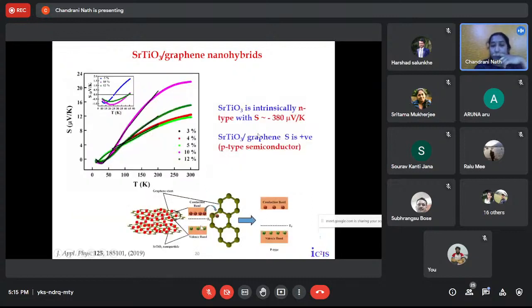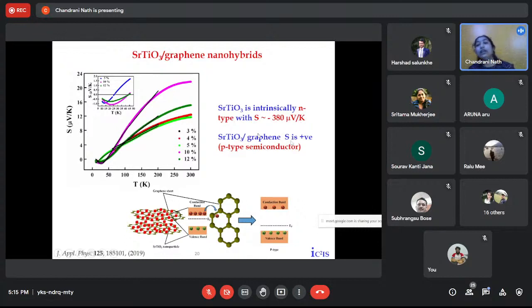So let's move to our thermopower graph. Here we got one interesting result. Strontium titanate by nature is N-type, with S close to minus 380 microvolt per Kelvin. But what we found interesting is that our nanohybrids were P-type.